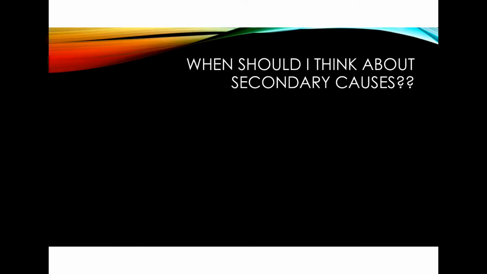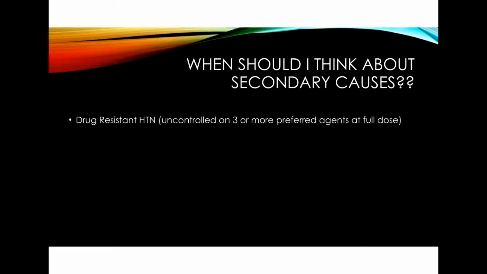Now, not all patients need workup for secondary causes, but situations when you really would want to consider doing such an investigation would include patients with drug-resistant hypertension, which would be those patients who are still uncontrolled despite being on maximal doses of 3 or more primary agents.